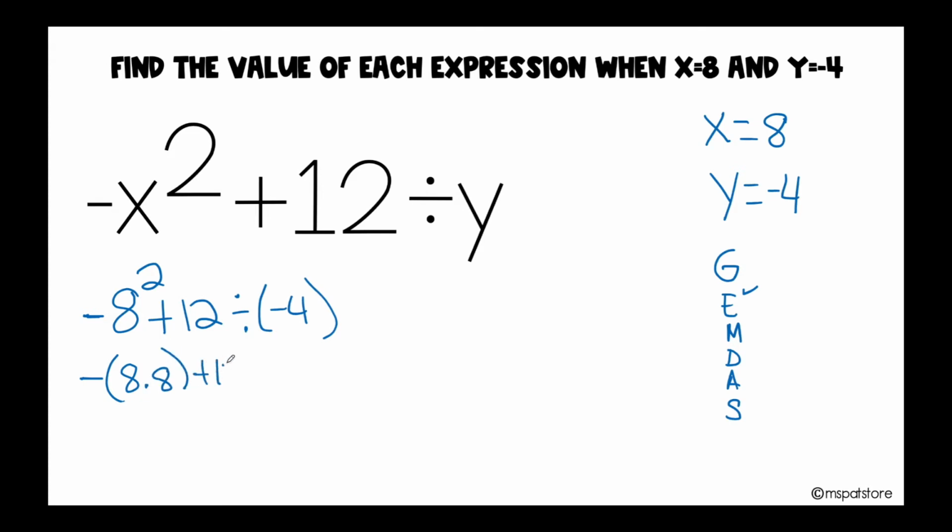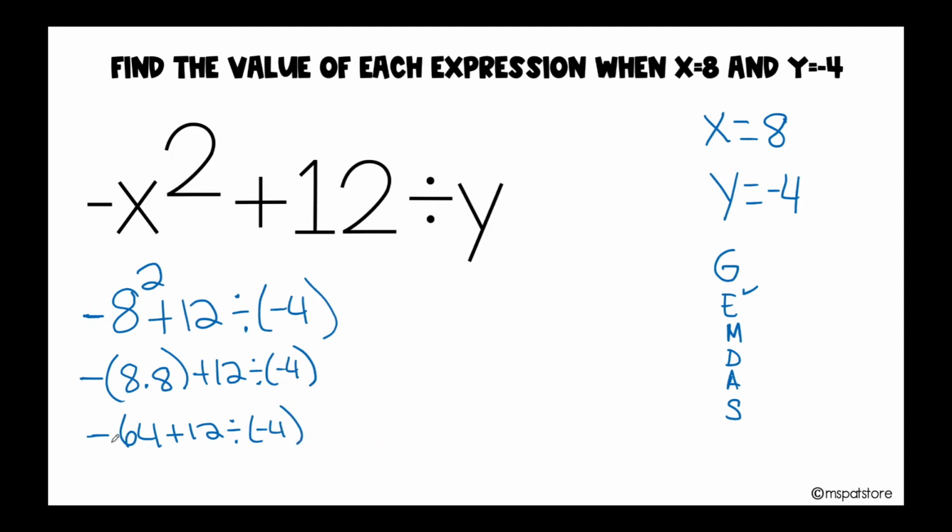Then I'm going to bring down all the other numbers and signs that I haven't used, and it will be 8 times 8. Do you see what I'm doing? I am doing multiplication first because that's what happens from left to right. 8 times 8 is 64.